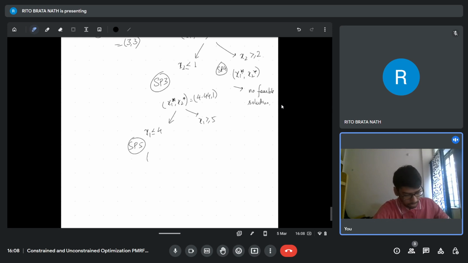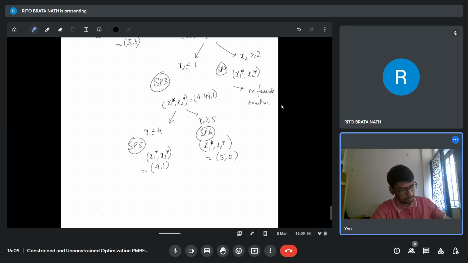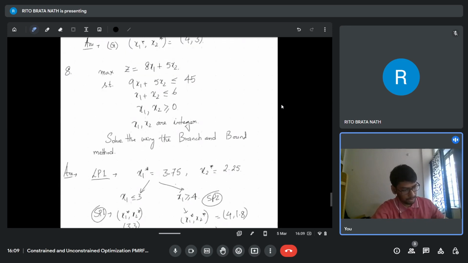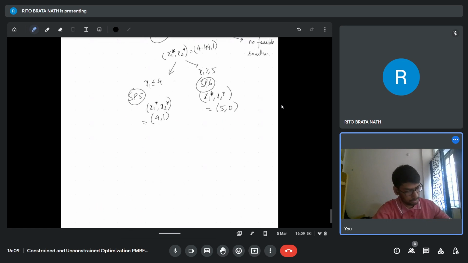This gives you x1 star, x2 star equals 4 comma 1, and this one, P6, gives you x1 star, x2 star equals 5 comma 0. The objective here is 8x1 plus 5x2. So here z star is 37. Here z star is 40.